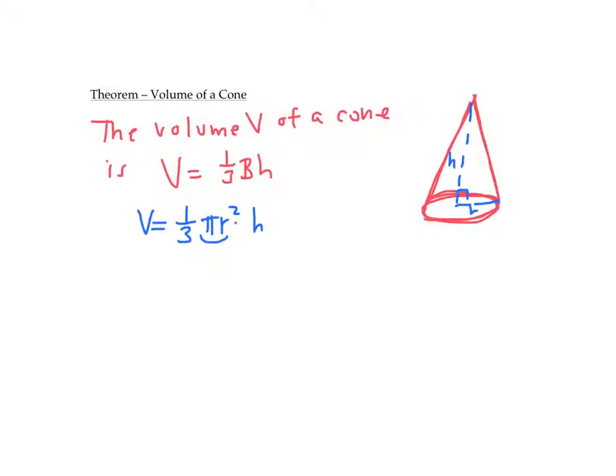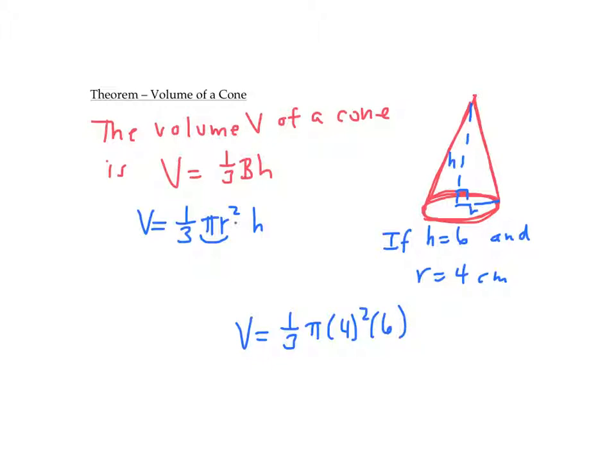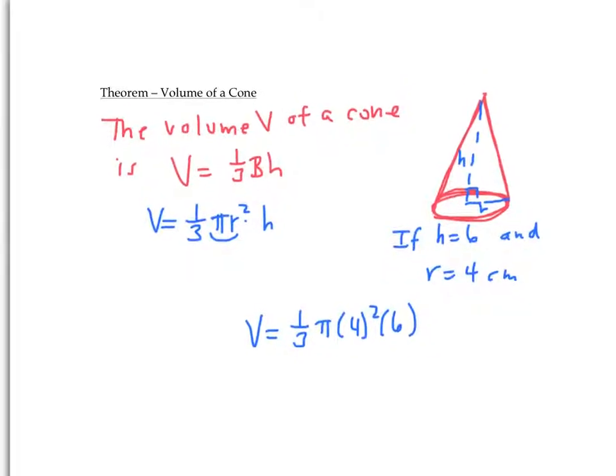So let's say if h equals 6 and r equals 4 centimeters, so they're both in centimeters, let's find the volume of the cone. So volume would be 1/3 times pi times 4 squared times our height of 6. Okay, next simplify it a little bit.